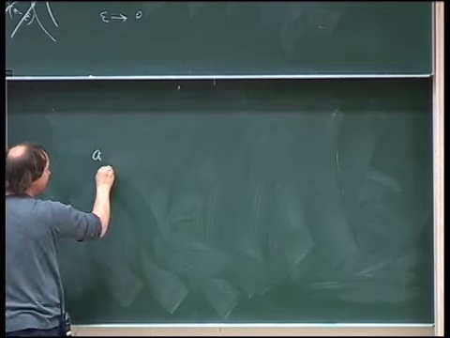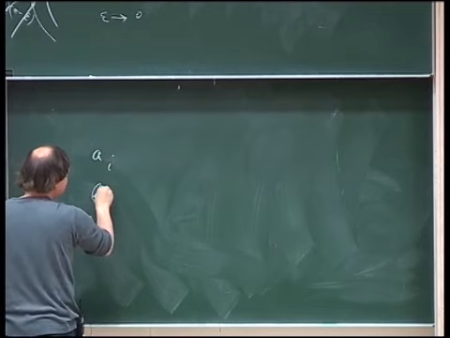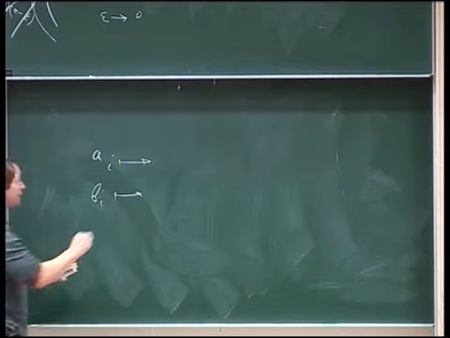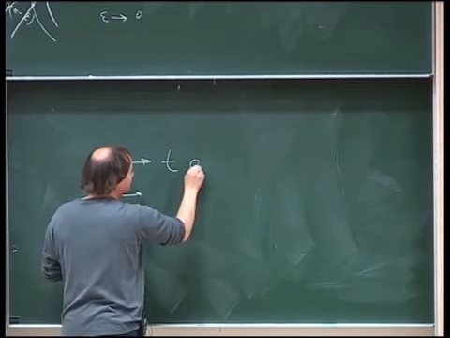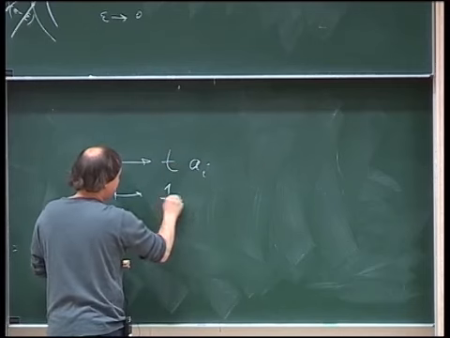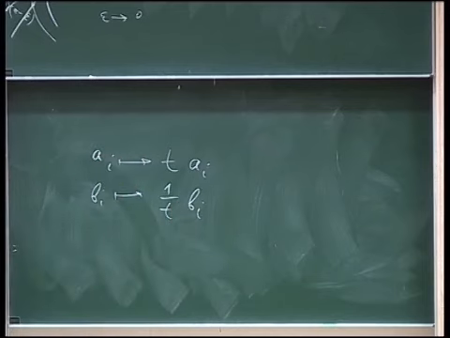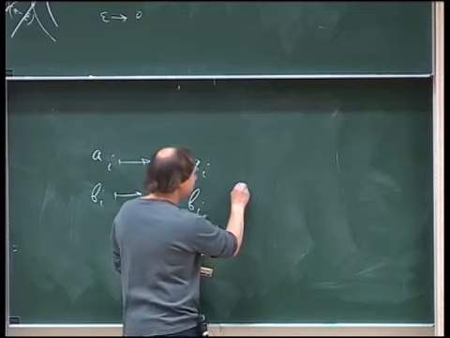We just take ai, bi, and we multiply by a parameter t here, and we multiply by 1 over t here. A kind of rescaling. Obviously, this commutes with T.